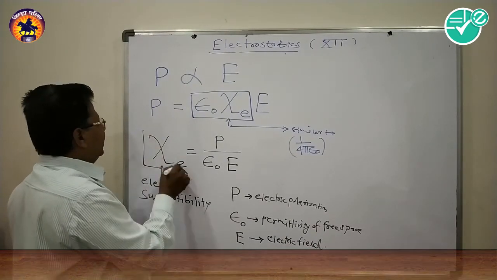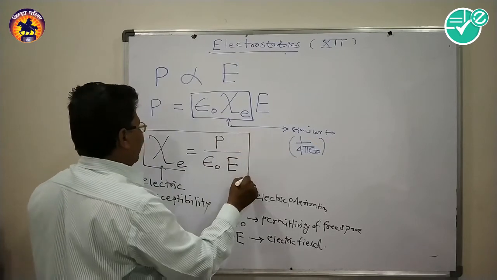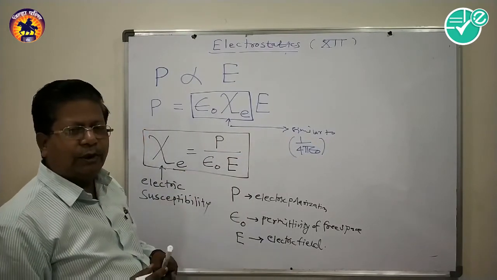So electric susceptibility is equal to P divided by epsilon 0 into E.